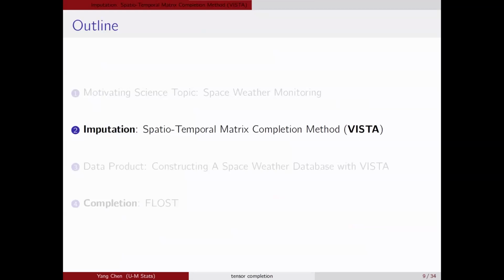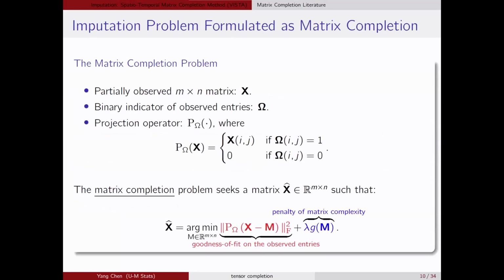So the first model that we came up with is based on matrix completion methods, because at each time snapshot, it's essentially a matrix completion problem. If we want to frame this as a matrix completion problem, it is essentially a regularized loss problem.